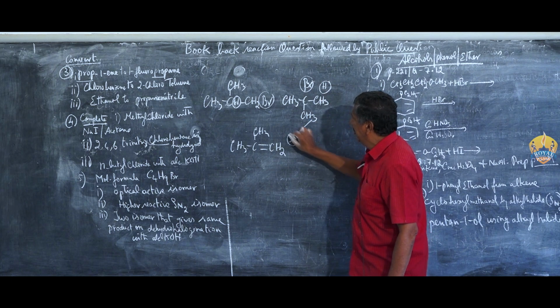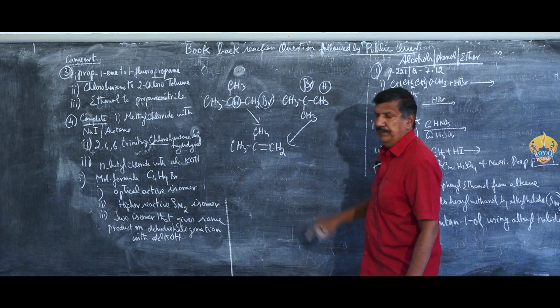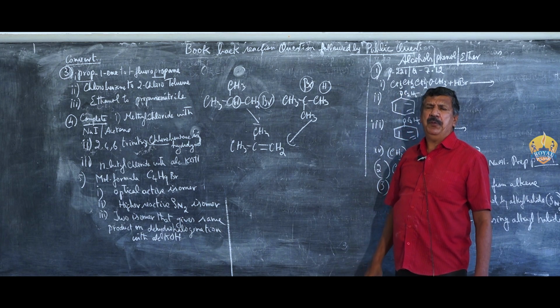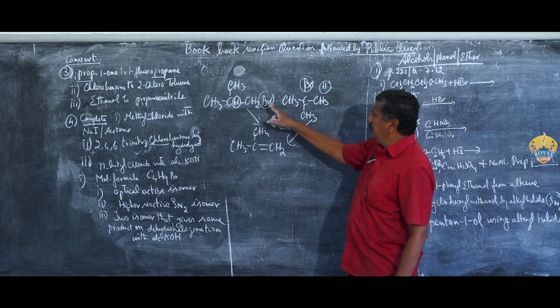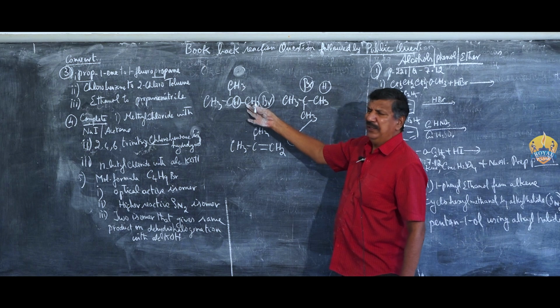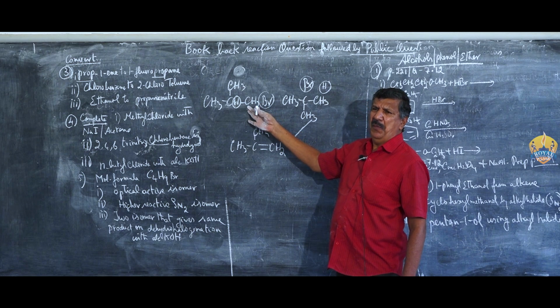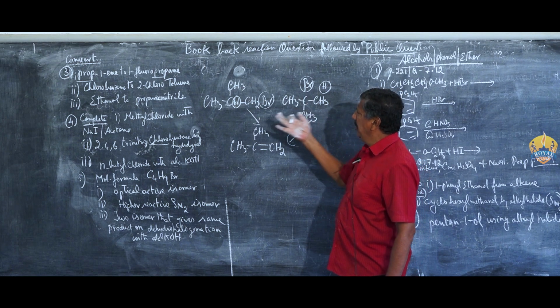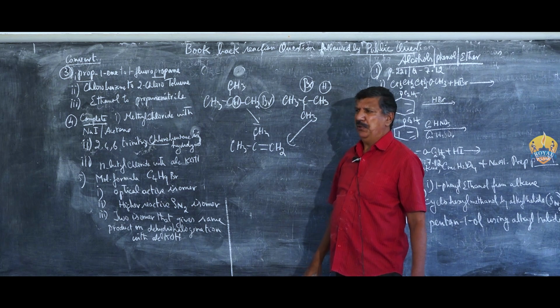You are getting the same product. So these two are the isomers. This is nothing but isobutyl bromide. This is nothing but tertiary butyl bromide. So okay.